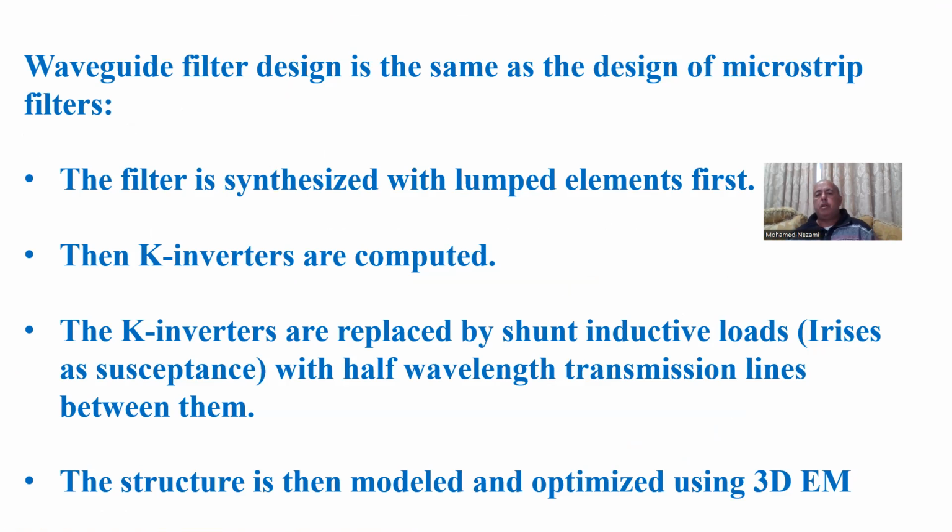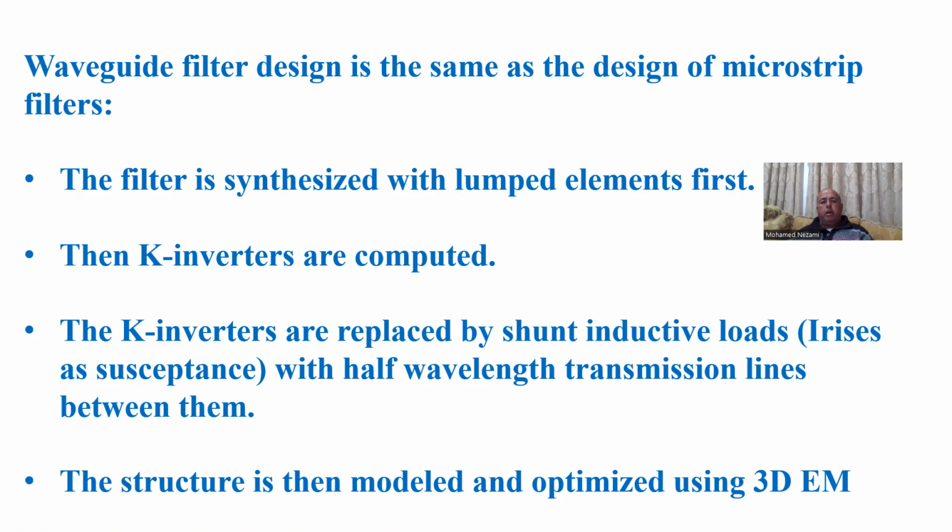Waveguide filter designs are basically like all other filter designs, the same approach, except when it comes to the implementation, where we implement the components, the susceptances, using irises and stubs and posts. So we could start out with a filter that we design, synthesize and even optimize the frequency shape of using lumped elements.